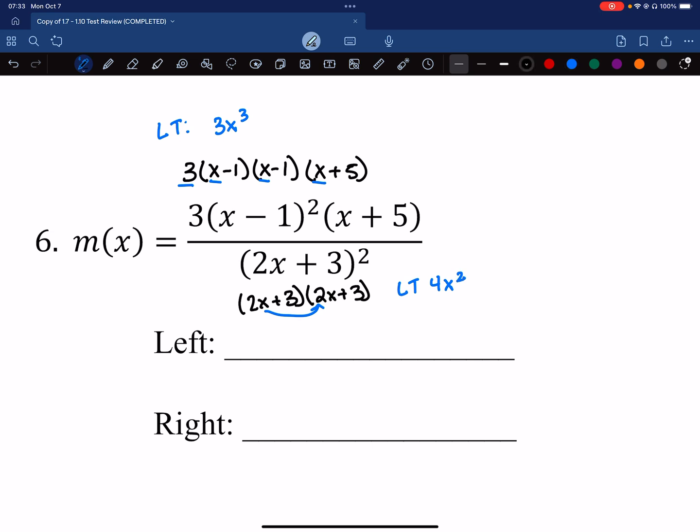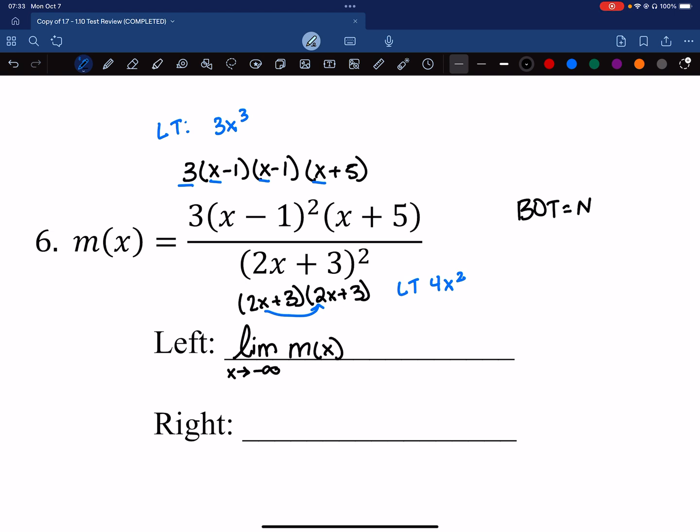So this is a case of bigger on top, which means there's no horizontal asymptote. That means your left and right end behavior are going to go towards positive or negative infinity instead of a number. To figure out which, first let's write our limit statement for the left side: as x is approaching negative infinity of m of x.